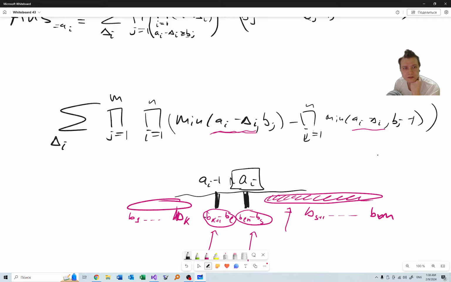So here I can take from i equals 2 to n and actually eliminate ai minus delta i here. But this is also only for these b's. Okay, what about these b's? For these b's, it's still true, I think.